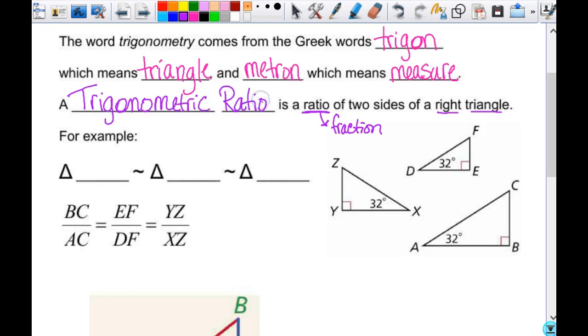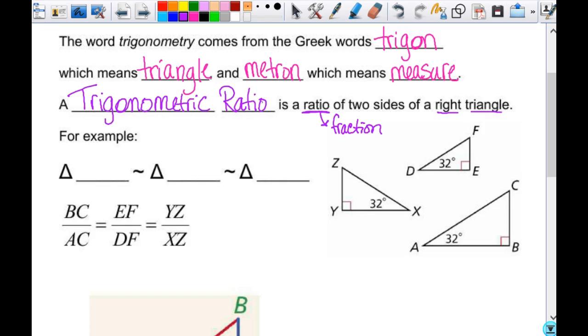Trigonometric sounds real fancy. It's just a different form of the word trigonometry. So trigonometric ratio. It's a trig ratio. So I'll refer to them as trig ratios, also refer to them as trig functions sometimes. We don't really look at them graphically or talk about them from a function standpoint in geometry very much, but it is a function, so either one of those words is acceptable.